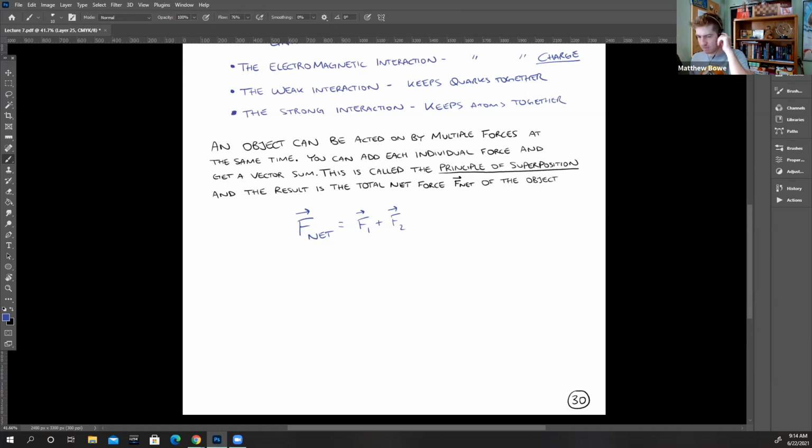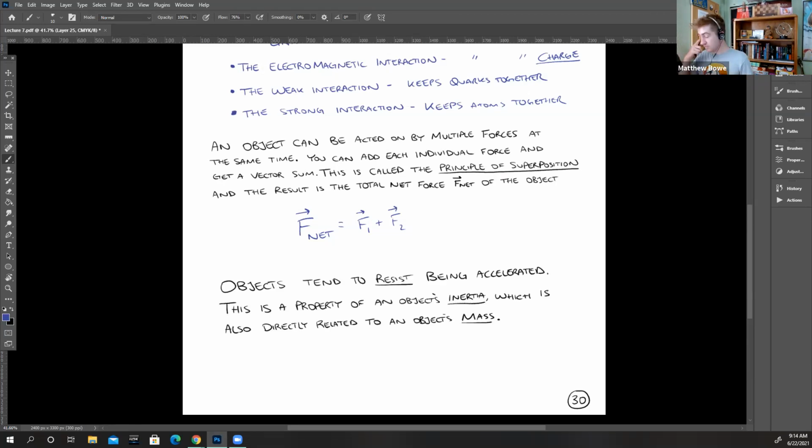And finally, we want to talk about mass. So an object, I just sort of assumed at the beginning that an object is made of mass, and I just sort of told you guys that at the beginning of the semester. But what is mass? Well, an object's mass is related to an object's inertia. So how does an object sort of resist change?